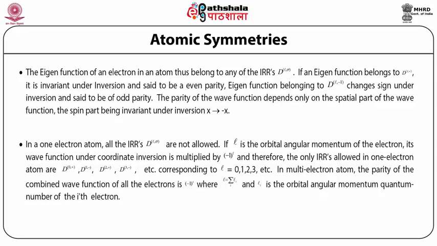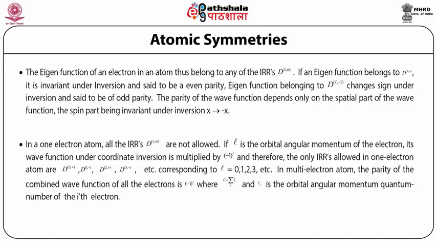Therefore, the only irreducible representations allowed in one electron atoms are D0 plus, D1 minus, D2 plus, D3 minus, etc., corresponding to L equal to 0, 1, 2, 3.